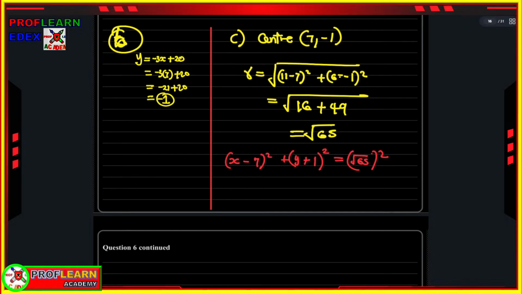Now that becomes the equation of the circle, which is (x minus 7) squared plus (y plus 1) squared is equal to 65.